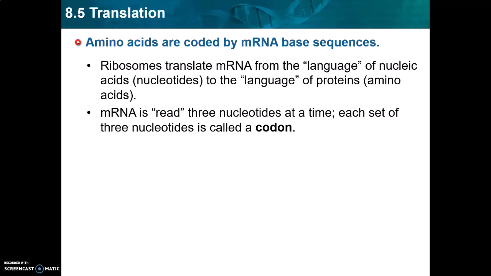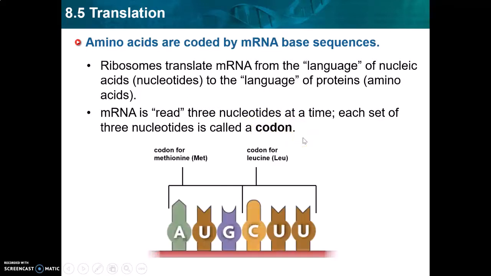It takes 3 nucleotides to form a code. If you remember from the POGL that we did, that triplet code, 3 nucleotides on mRNA is going to be a code for 1 amino acid. So those triplets of nucleotides, we call that a codon. Very important vocabulary term to understand.